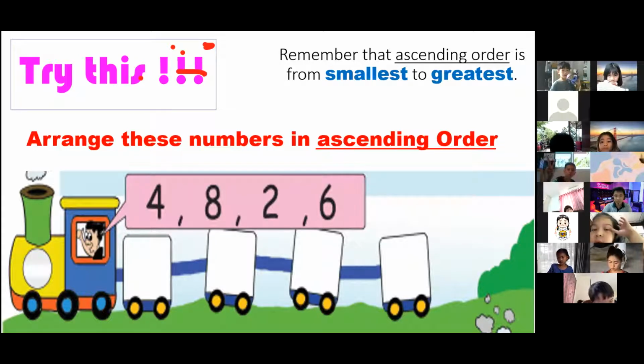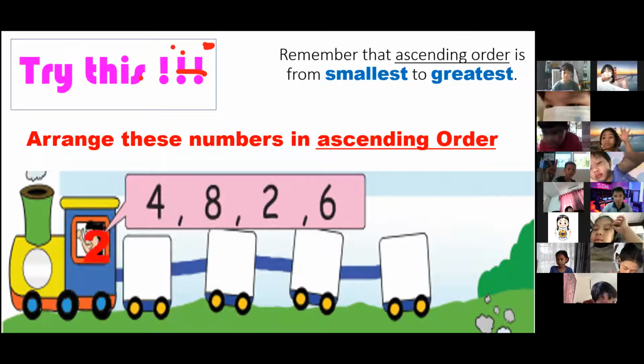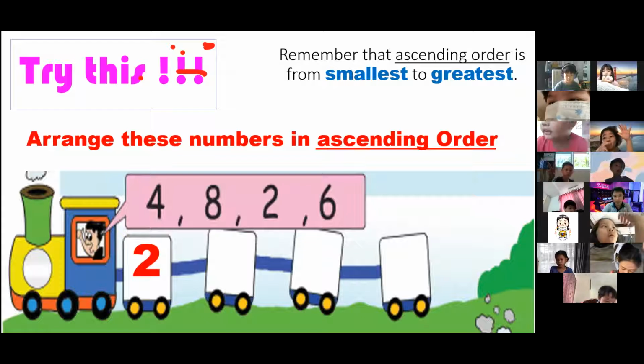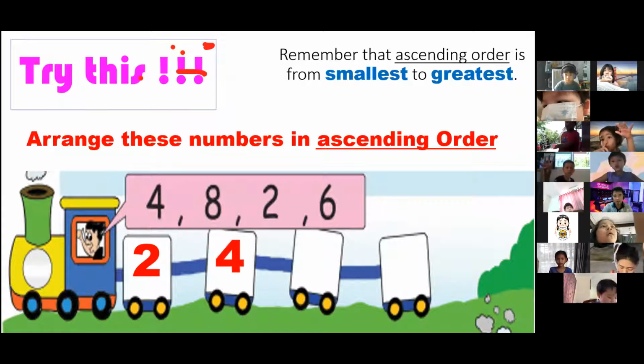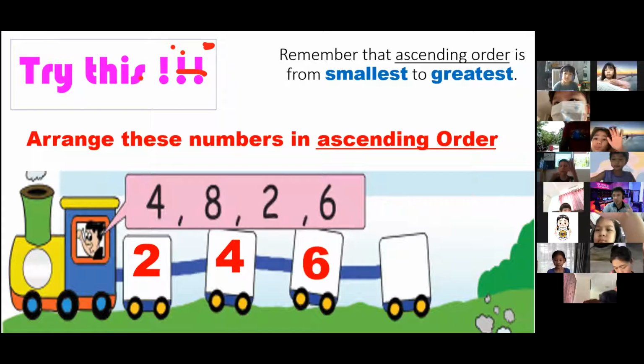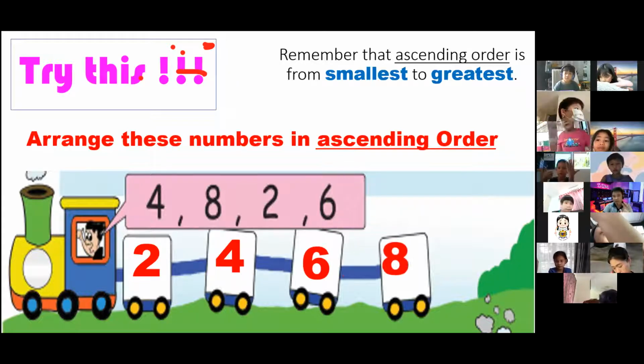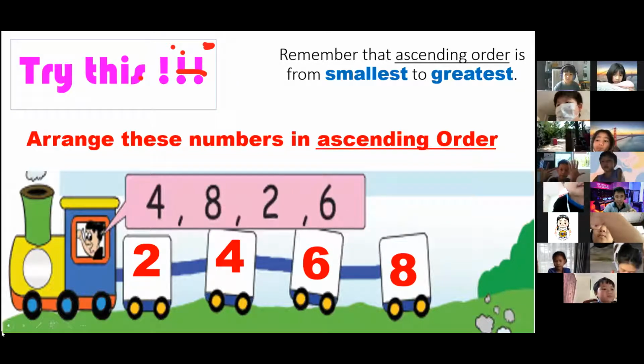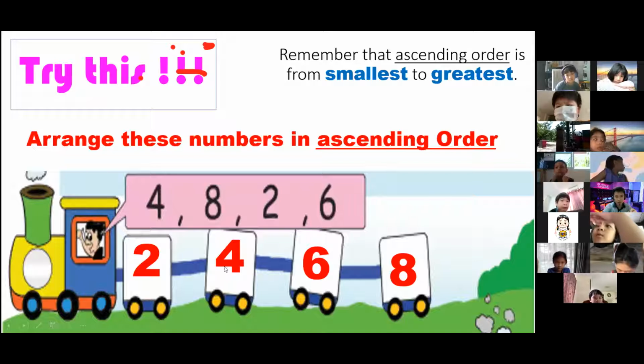What is the smallest? The smallest number here is 2. Next is 4, next to 4 is 6, and the next number will be 8. So this is ascending order: 2, 4, 6, 8. 2 is the smallest and 8 is the greatest.